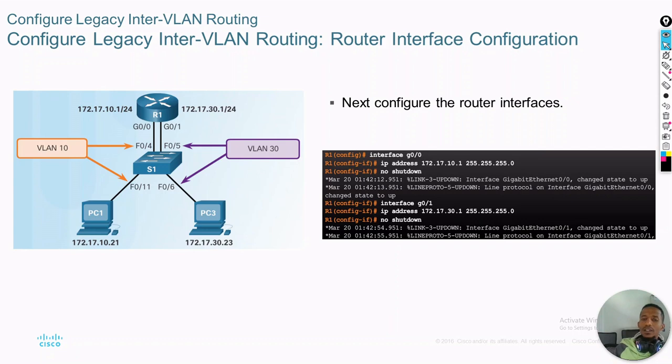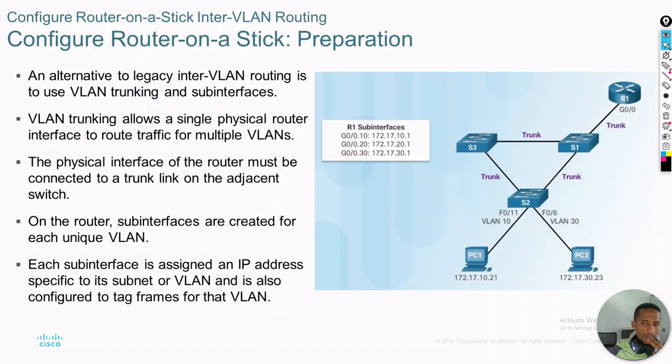This is interface GIG 0/0 and here interface GIG 0/1, where you provide them different IPs. One of them is VLAN 10, another is VLAN 30. Those kinds of configuration can be done using the inter-VLAN routing mechanism. But in this case you have only one path, so it will be a little bit difficult.